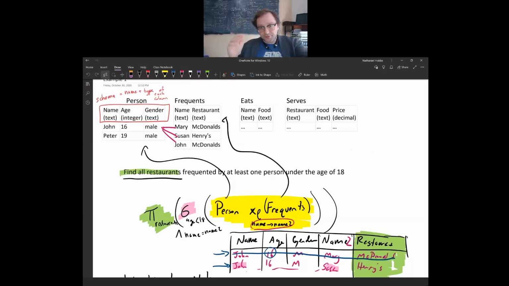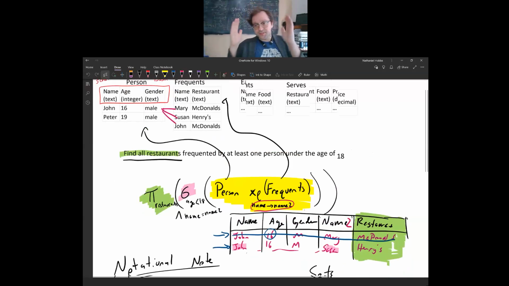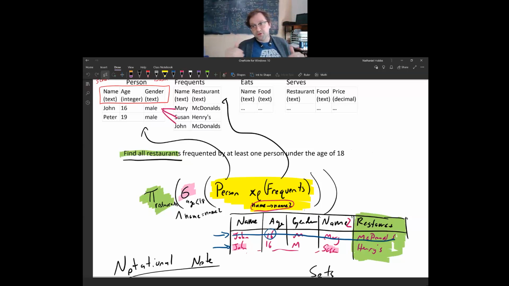Now this big relation has far too many rows. It's sort of polluted. It has all of the information that you want, but it has too much stuff. It has stuff you don't care about. So then you go through the select and delete the rows or remove the bad elements of the set.